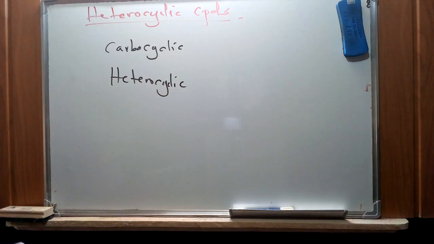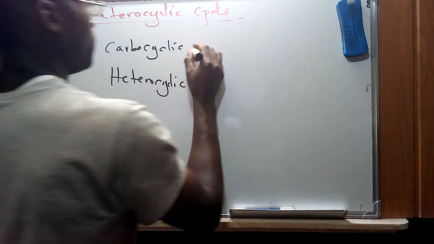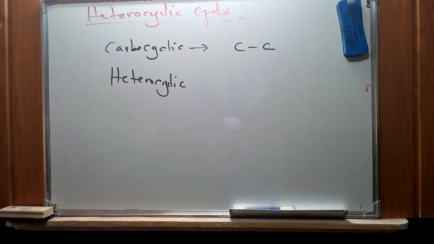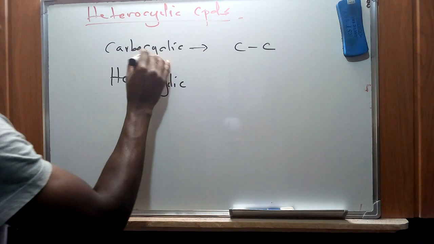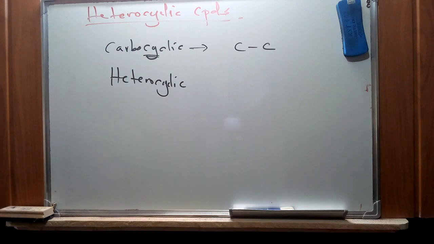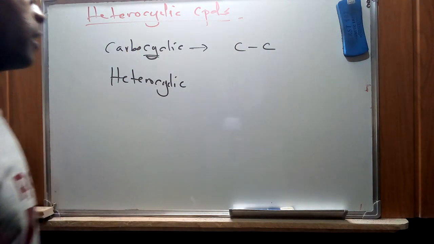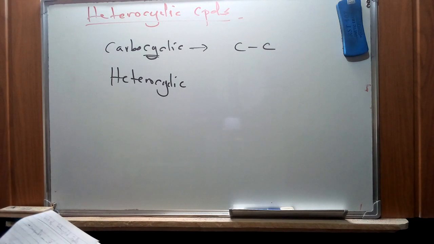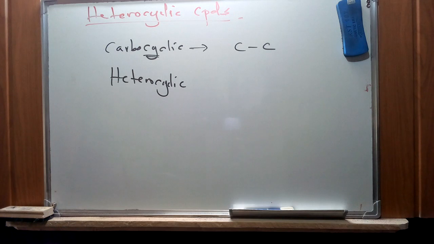So this is a broader definition. For the first one, the carbocyclic, these contain carbon chains which are linked together. These are cyclic compounds that contain carbon bonds which are joined together. Now heterocyclic compounds contain at least one atom other than carbon forming part of the ring.